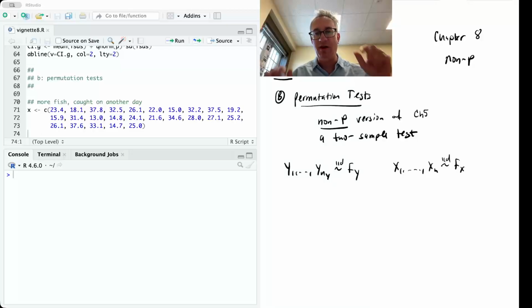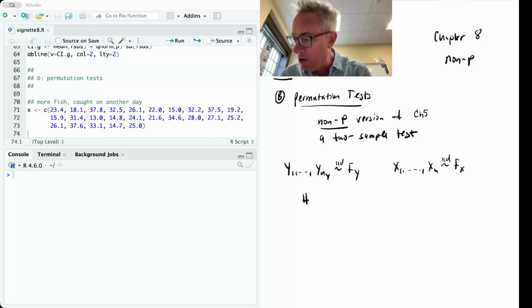I'm not specifying a particular family with particular parameters. I'm just writing them down as some distribution for y and some distribution for x, because what I really want to know is a relative comparison. Is it the case that the two distributions are the same or different?